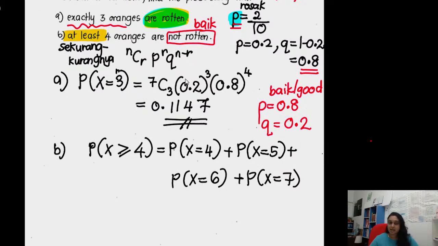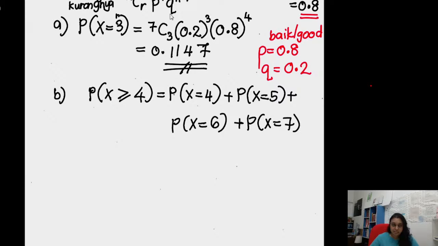Okay, clear? Now, still use the same formula. It's going to be long, but don't get malas, lazy to write down. Write everything one by one carefully. This is all your R. Don't forget, here all your X is your R. Itu semua lah R kita. The first one, X sama dengan 4.